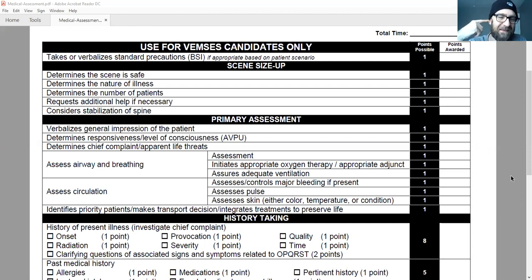If you say key vocabulary words like assessing skin condition or patent and self-maintained while I'm looking at the sheet, and I hear you say patent and self-maintained without seeing you look at the airway, then I know that you did it. So we have to make sure we say some of these things. Go through this slowly, be clear about what you're saying, and just practice.